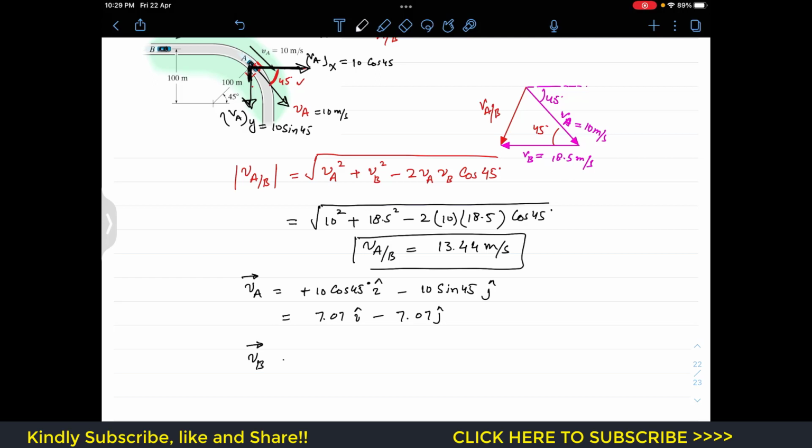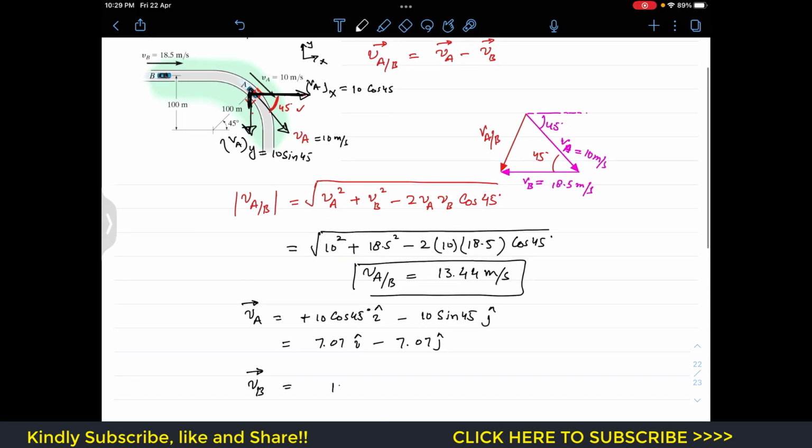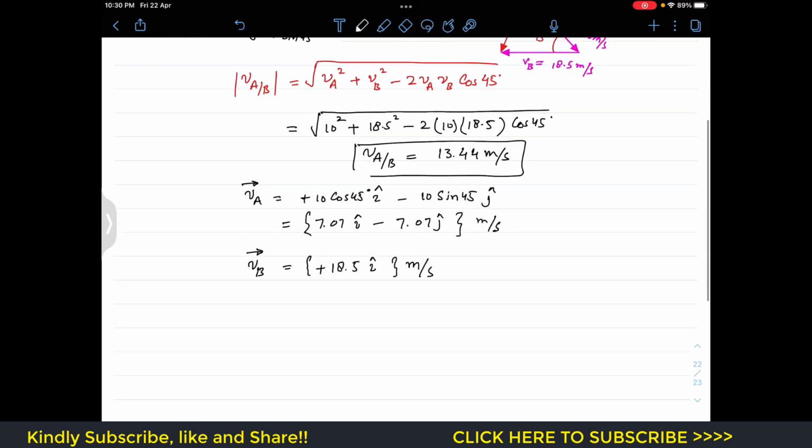So VB is equal to 18.5 in the positive I, and the units of this are in meters per second, and similarly this is also in meters per second.